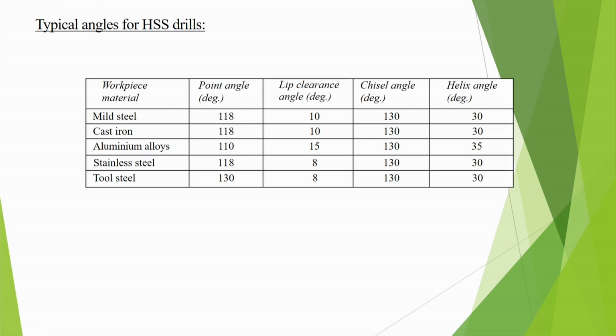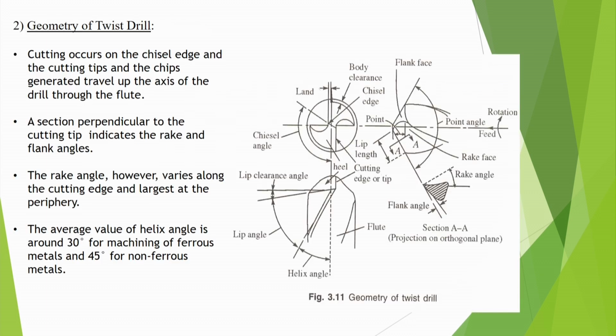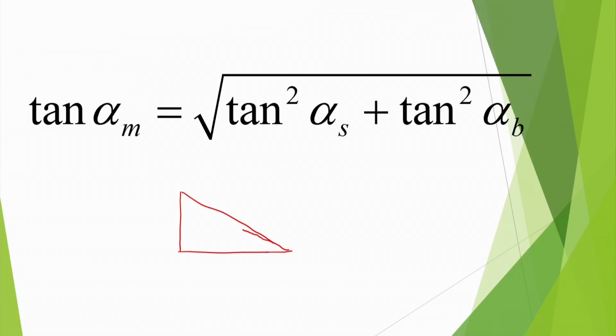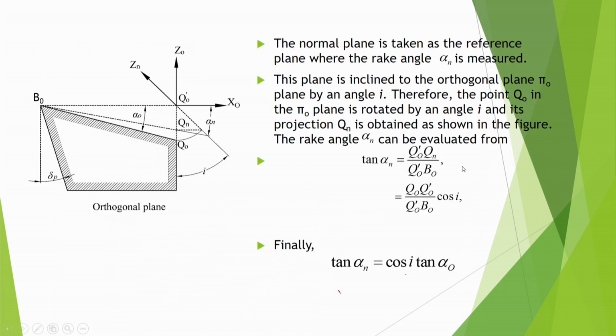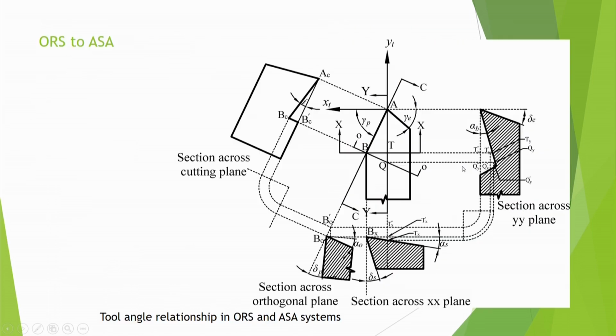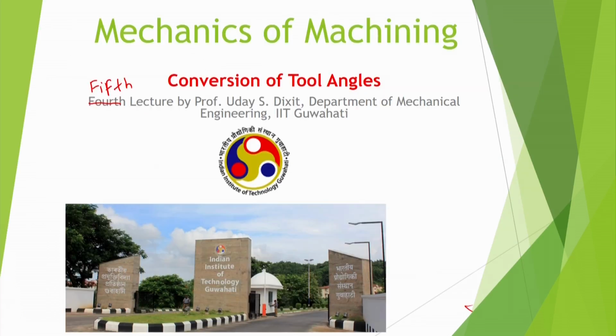This way I have introduced you to the different angle systems, and we got some idea about the conversion. Maybe when we discuss multi-point cutting operations, we can go back and see that again. This understanding is very useful, although it may be a little painful, because you have to visualize.